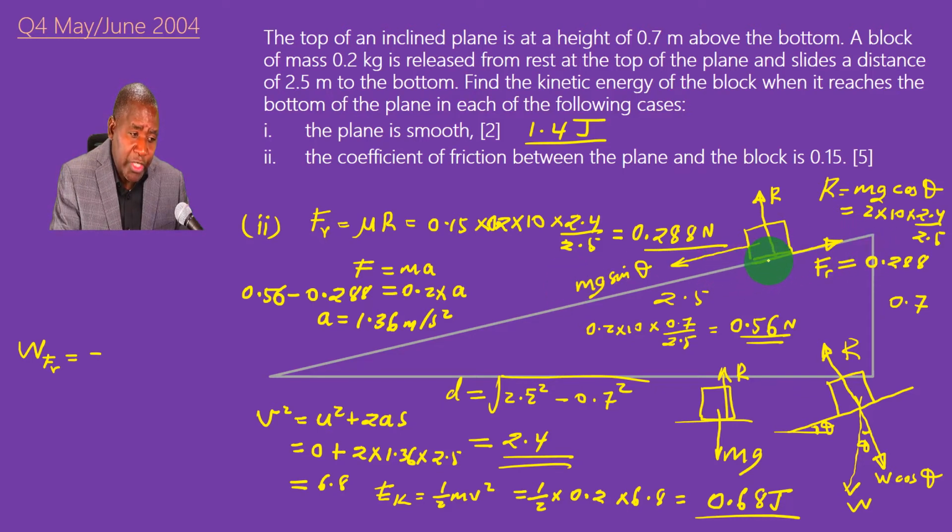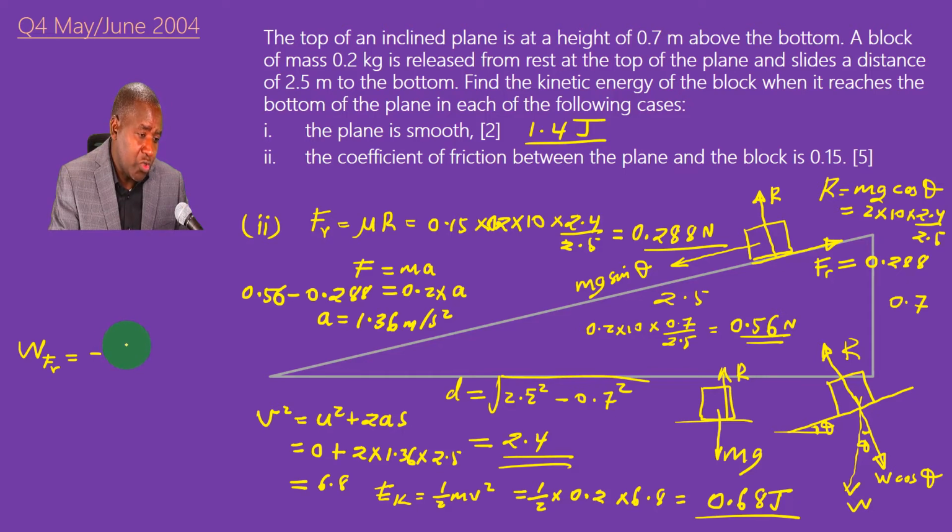So I've got to resolve friction force in this direction by doing 0.288 cos 180 so that I can change its direction to point in the direction in which this block is moving. When I do that, cos 180 becomes minus 1. That minus 1 is what brings everything here.